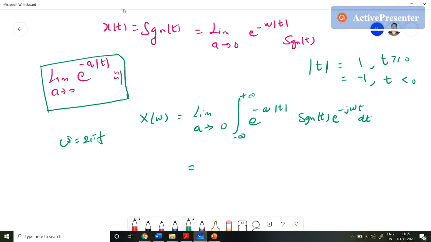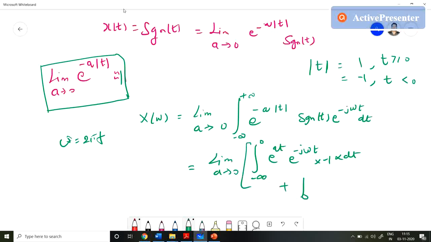We can write it as the integral from minus infinity to 0 of e raised to the power at, e raised to the power minus j omega t, into minus 1 dt, because signum t is equal to minus 1, and from 0 to infinity, e raised to the power minus at into 1 into e raised to the power minus j omega t dt. So this is X of omega.